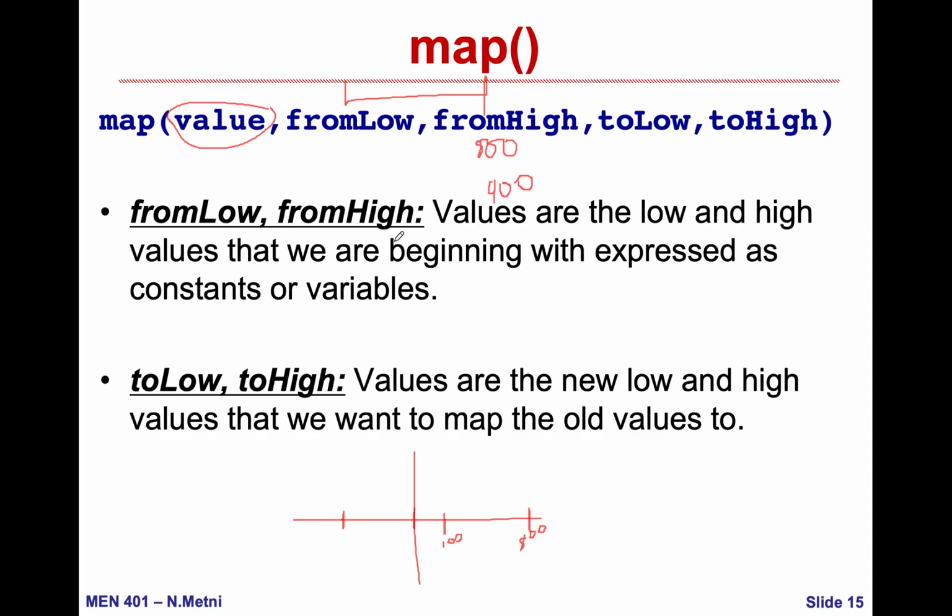By the way, this low value can be 100, not necessarily 0. So I have a value that can go from 100 to 800. This is the sensor output of the A to D converter.